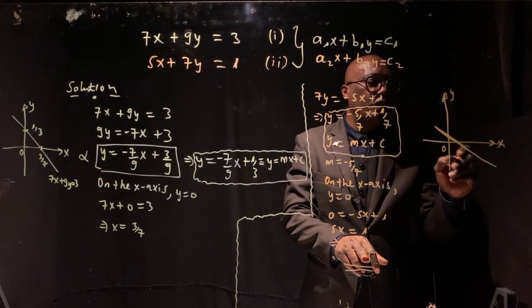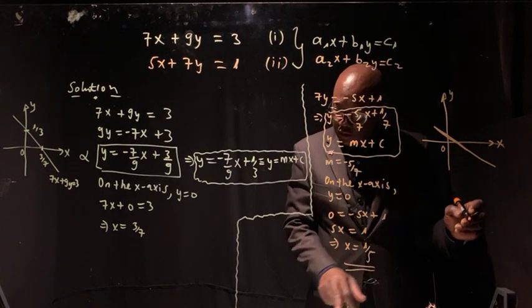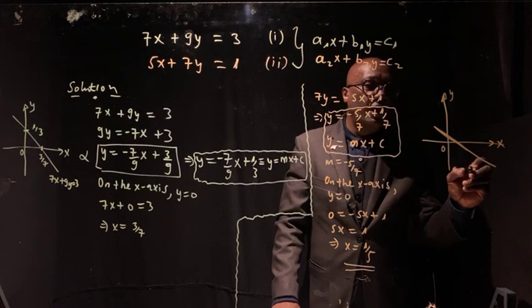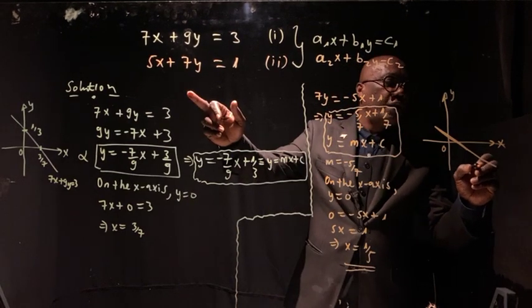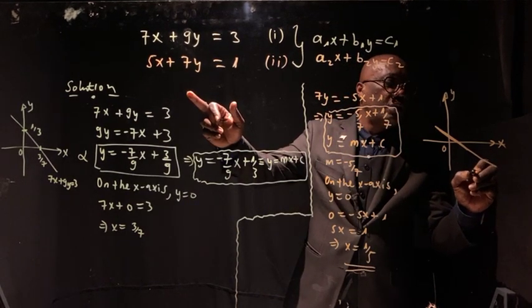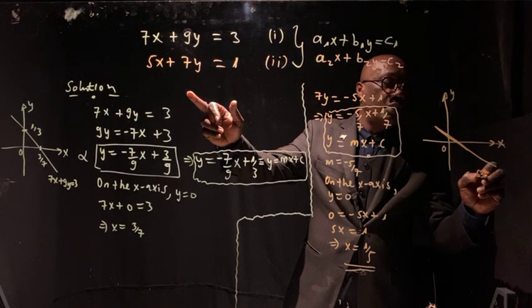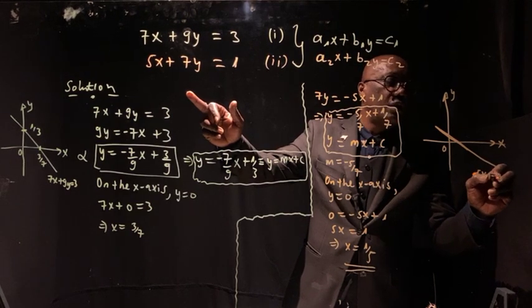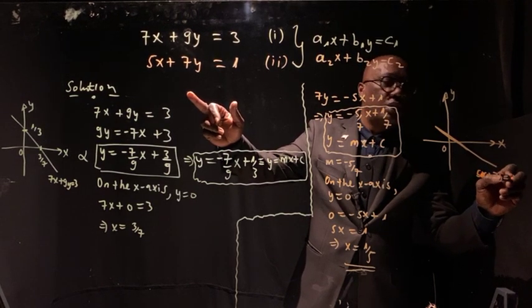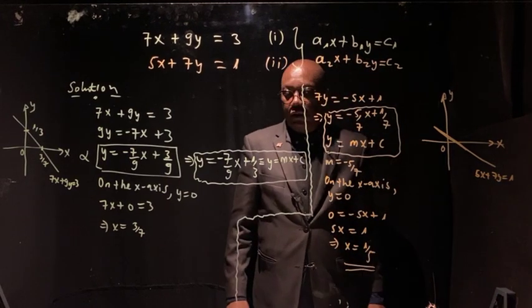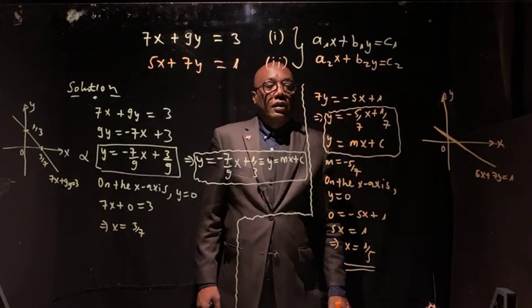So this is the origin, and this should be the line of 5x plus 7y equals 1. Very good.